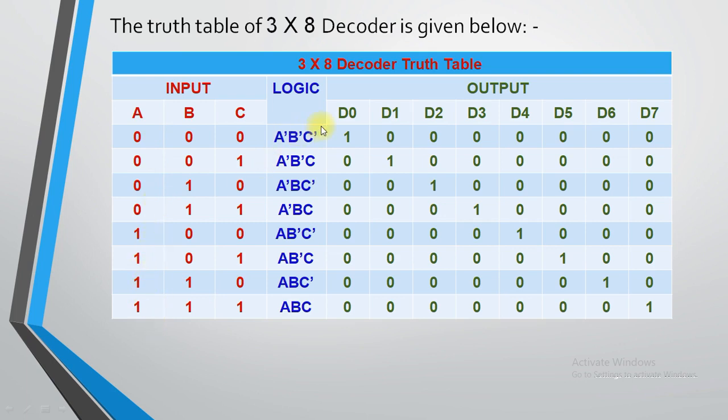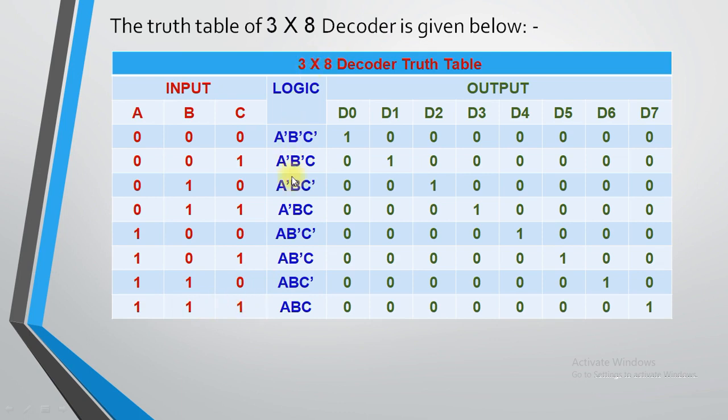A dash, B dash, C dash, because all the variables contain 0. The first two variables are complemented, that means A dash, B dash, C. A dash, B, C dash; A dash, B, C; A, B dash, C dash; A, B dash, C; A, B, C dash; A, B and C.